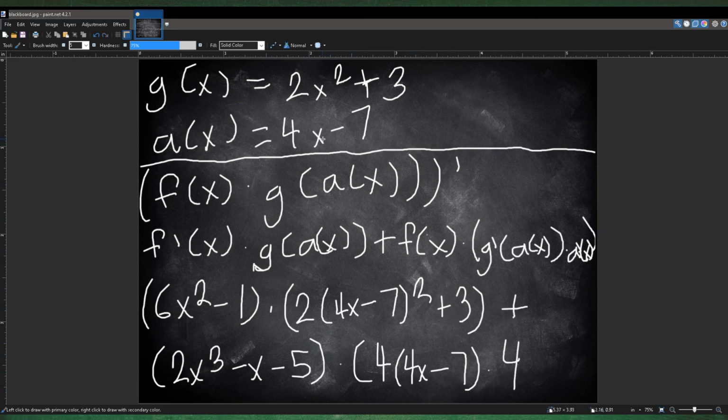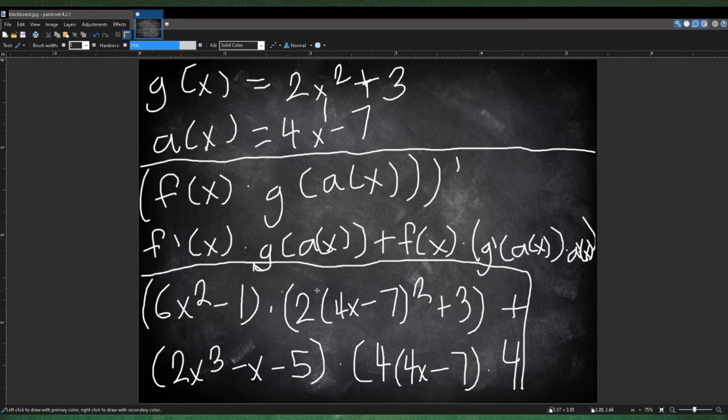Because 4x, the 1 on top, 4 times 1 is 4, and then 1 from the exponent minus 1 is 0. So this is just 0, and the derivative of a constant is 0. So this is your derivative equation. 6x squared minus 1 times 2 times (4x minus 7) raised to a power 2, and then plus 3, and all in parentheses multiplied by 6x squared minus 1.